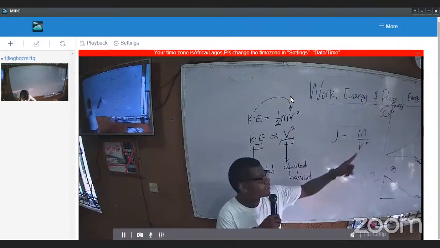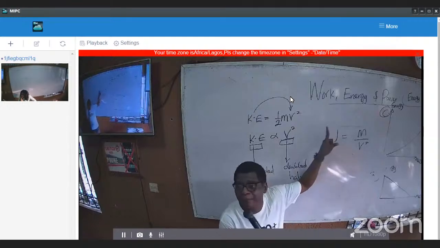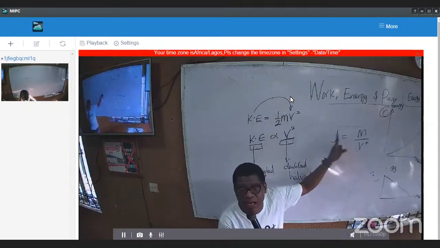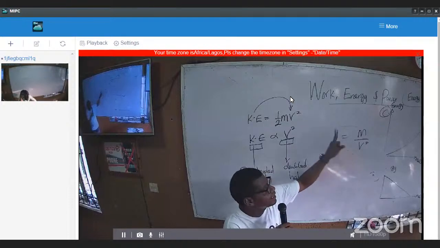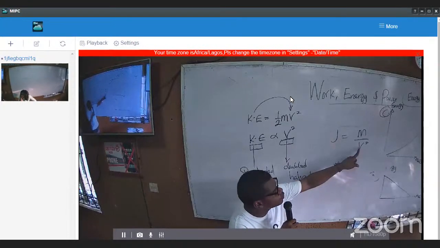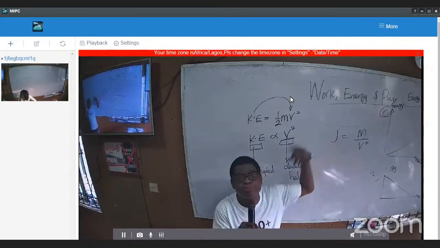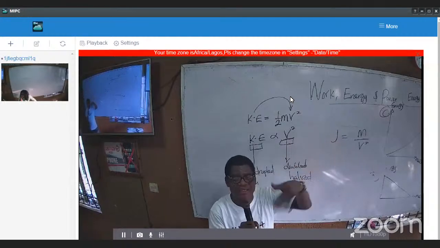Inverse: if you are increasing, I reduce; if you are reducing, I increase. When you double this one, this will be quartered. When you halve this one, this will be quadruple. That's the inverse square law you were taught.